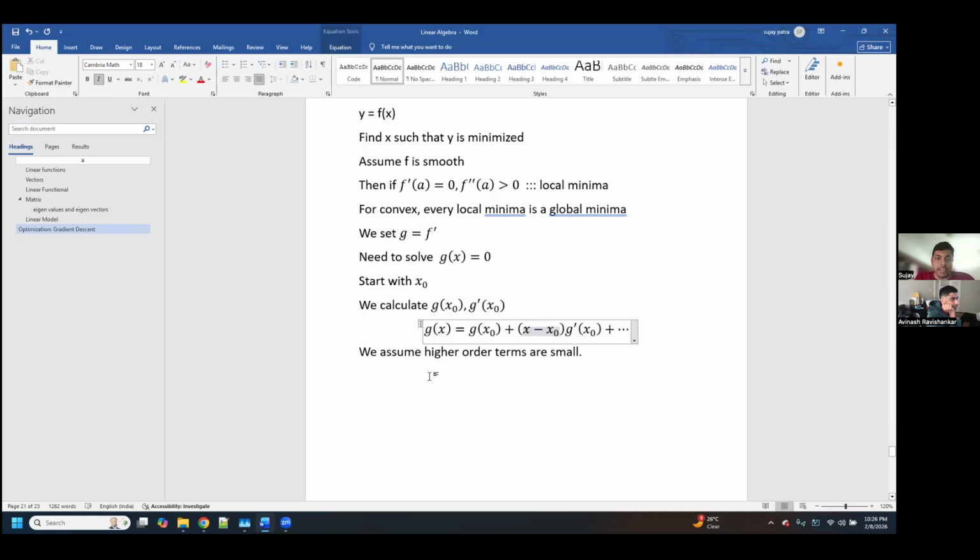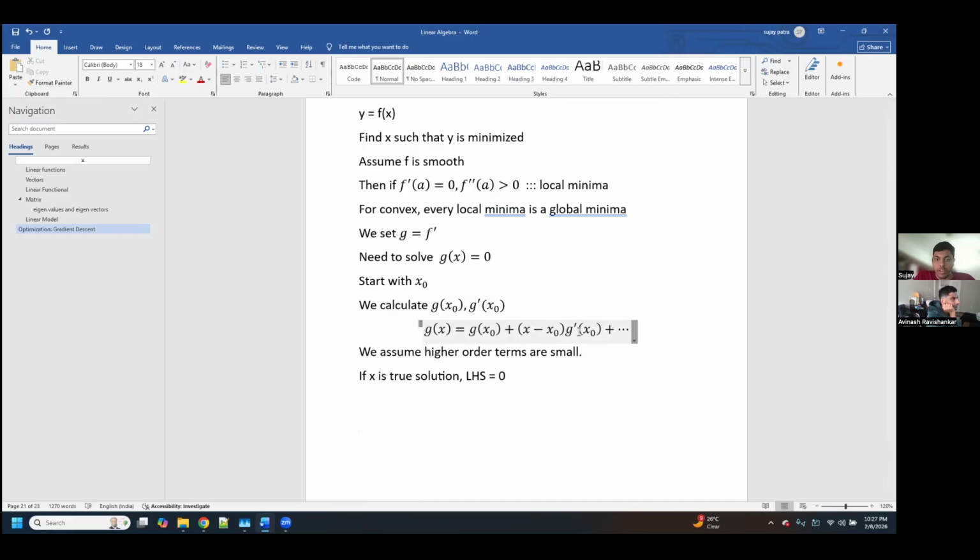Because we know that the LHS has to be 0. So if x is the true solution, then LHS has to be 0, because g of x equals 0 is what we are solving. And this dot dot dot part we are ignoring, and g of x naught we know, and g prime x naught also we know. So we substitute everything except for the x value, and we solve for x.